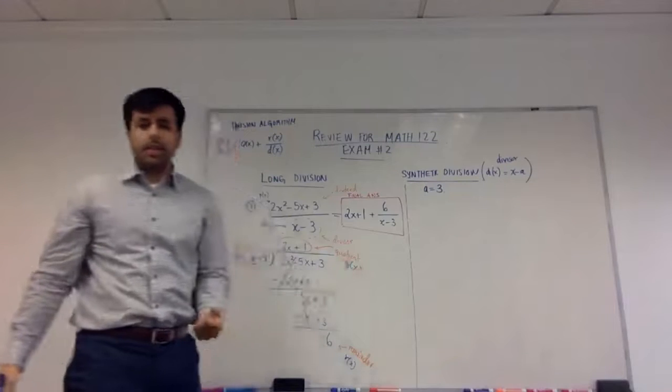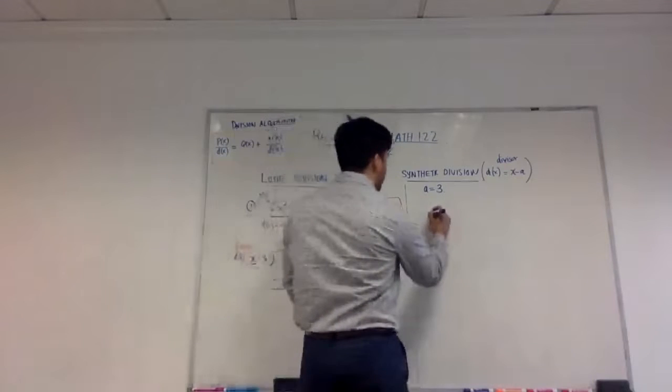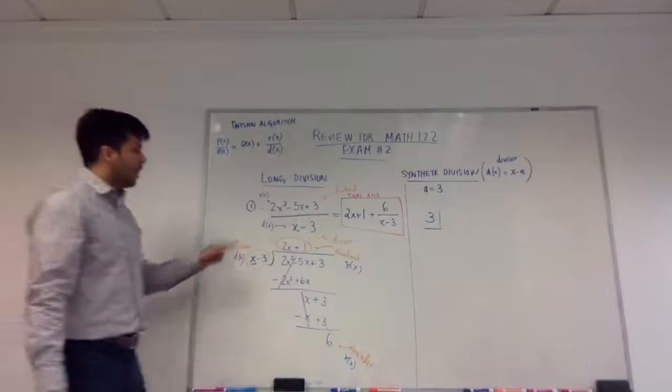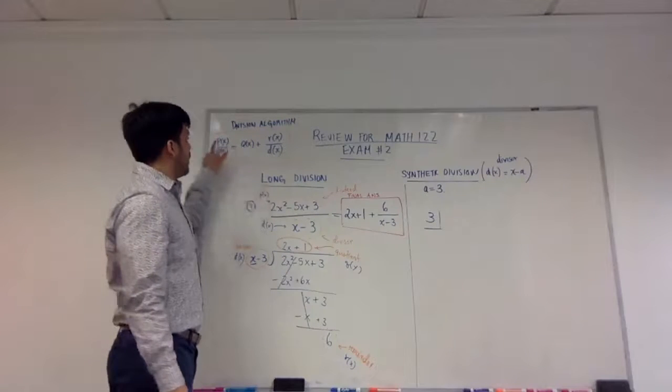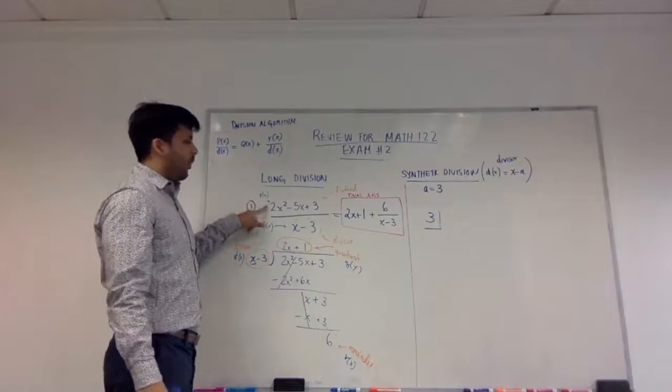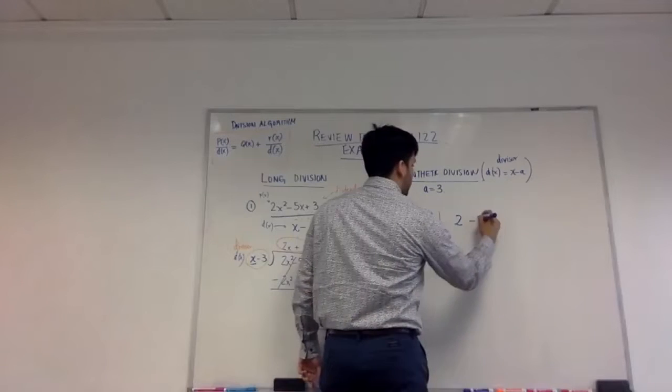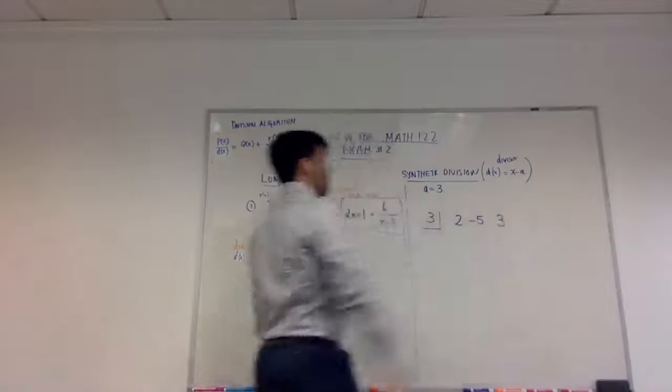Now, how do we proceed with this method? We put 3 inside the box here. And then we put the coefficients of my dividend. What are the coefficients of my dividend? It's 2, -5, and 3.